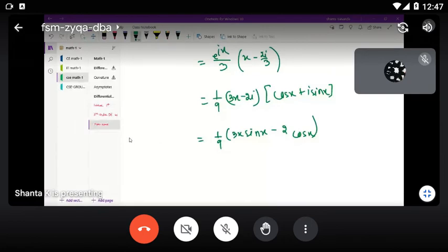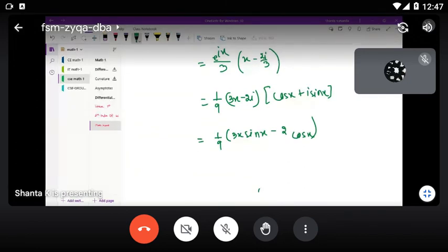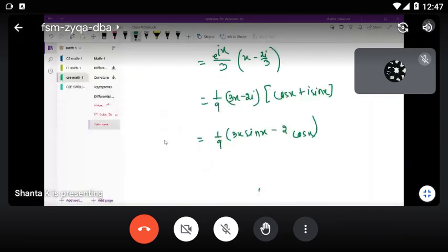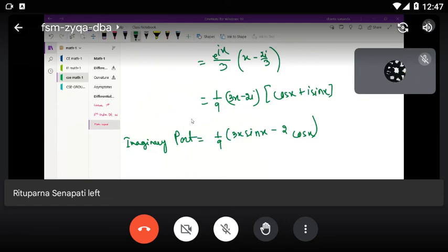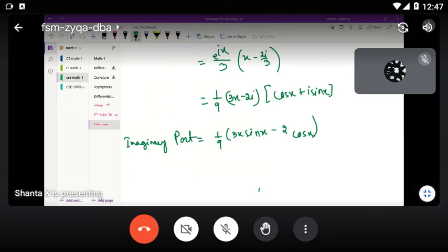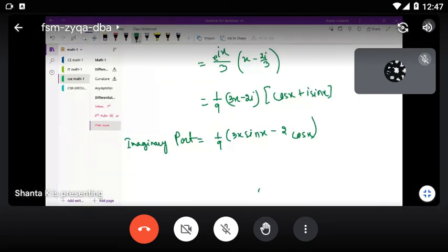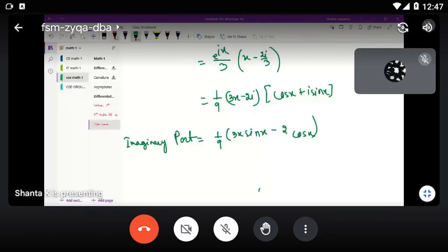So the imaginary part of the PI, this is your answer, the required particular integral.